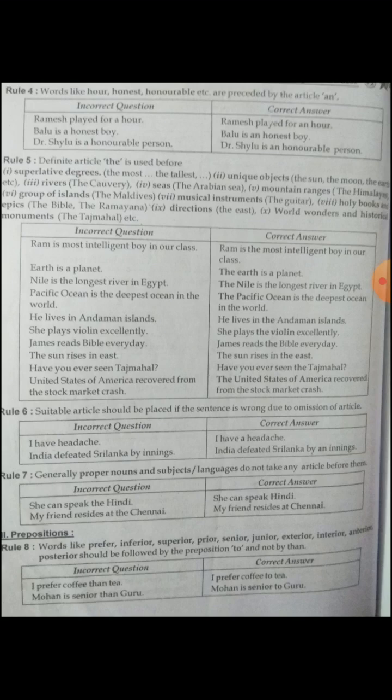But here the words end with er and it is not a comparative degree. So we have to use only to, not than. I prefer coffee than tea is wrong. I prefer coffee to tea. Senior than is wrong. Senior to. So note down these words. If you find them, they are followed by to, not by than.